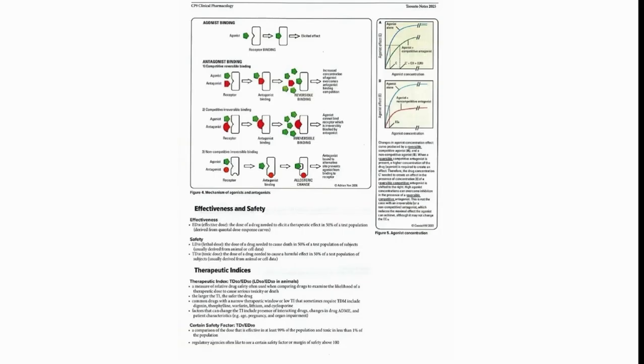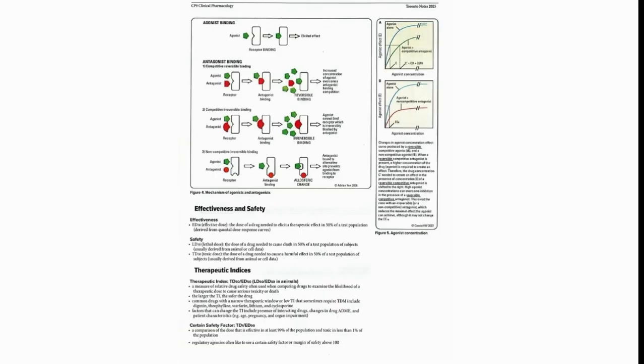It is considered a much stricter and more clinically meaningful measure of a drug's safety than the therapeutic index. Regulatory agencies generally prefer drugs with a certain safety factor greater than 100, indicating a large margin between effective and toxic doses.